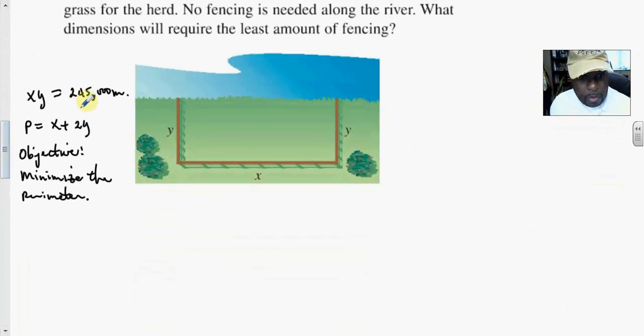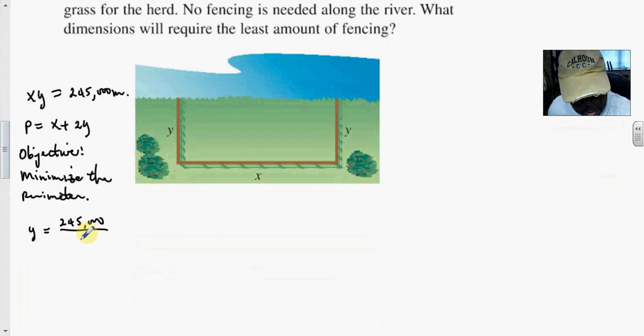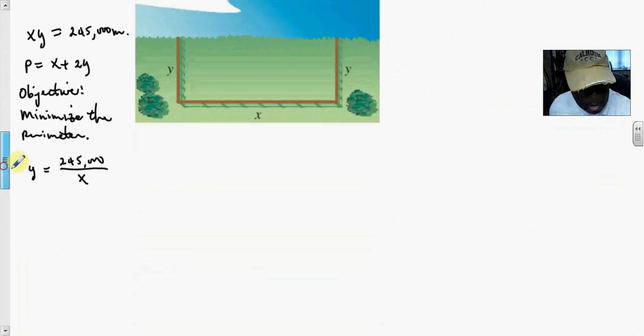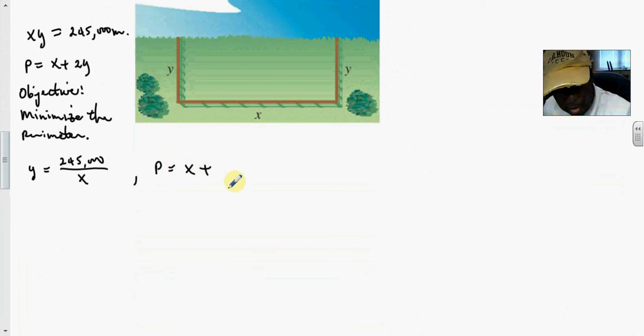All right. Well, notice from here that we can glean that y is equal to 245,000 divided by x. You kind of see the pattern these problems tend to take on. We use up all the space we can. So P is equal to x plus 2 times y, and y is the 245,000 all over x.